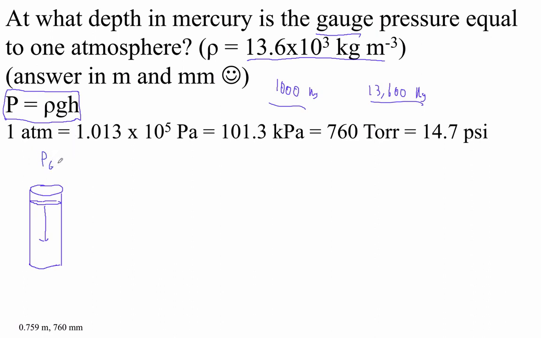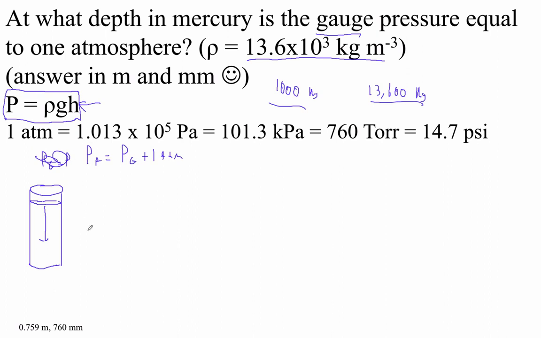Remember, absolute pressure is gauge pressure plus 1 atmosphere. So if you solve this for gauge pressure, it's just absolute minus an atmosphere. Okay. So ultimately, we're just going to use this and find how much more than an atmosphere that pressure is. And it's equal to 1 atmosphere.